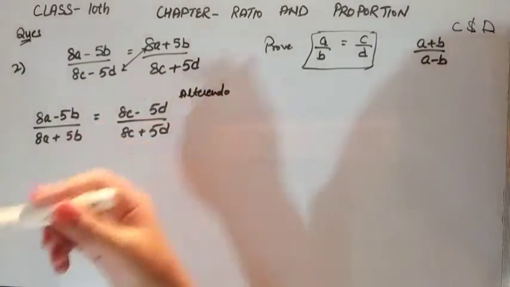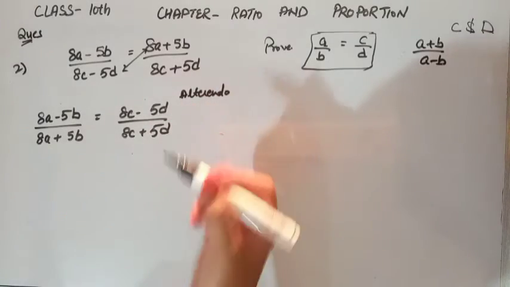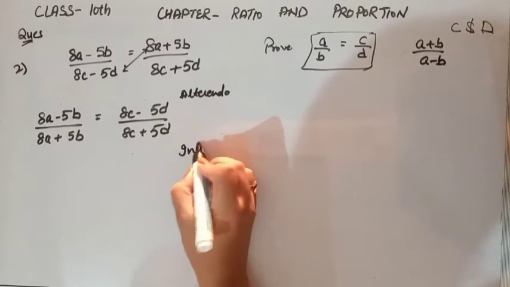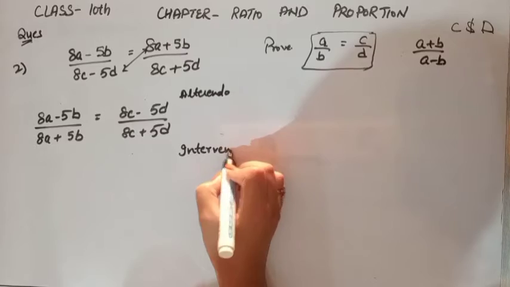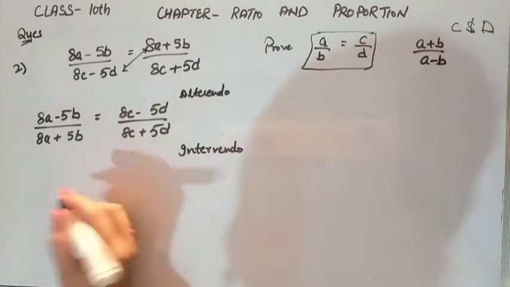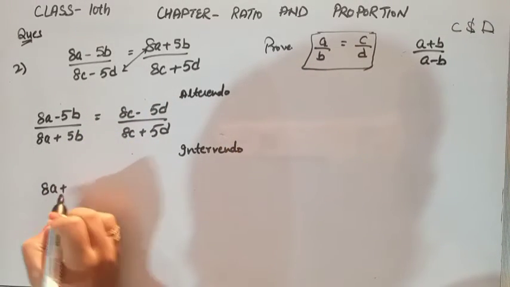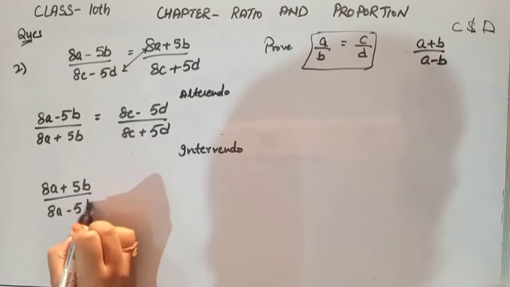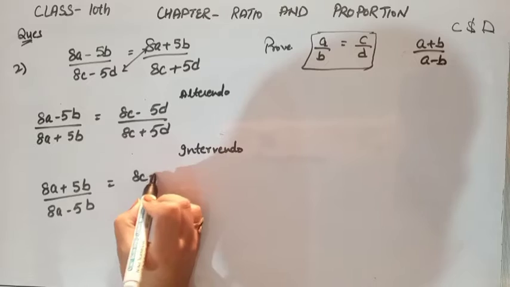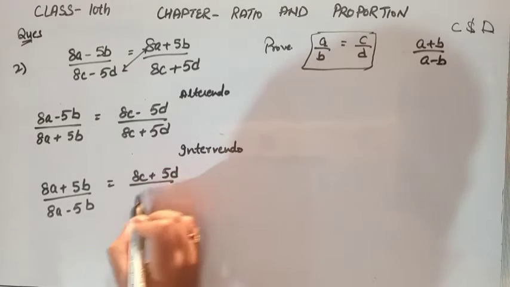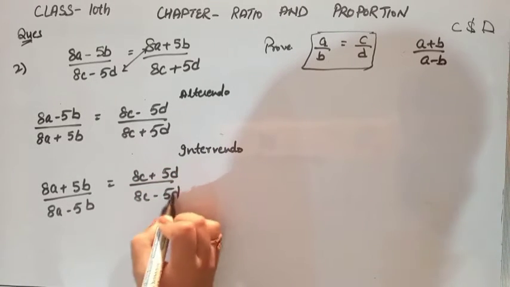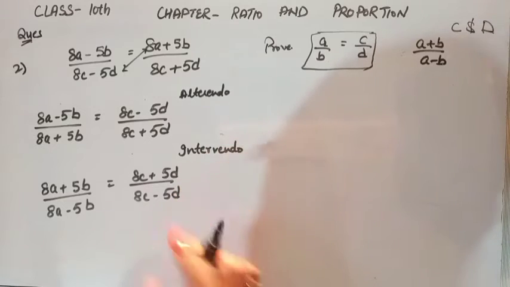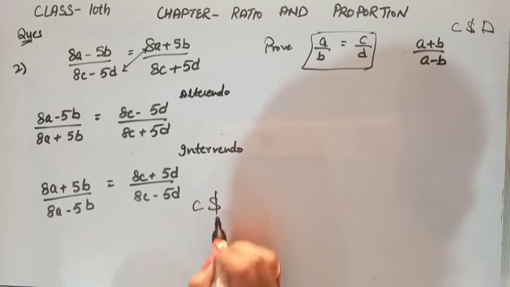We have to take the reciprocal of these, and this is called invertendo. Now taking invertendo, (8A plus 5B) upon (8A minus 5B) is equal to (8C plus 5D) upon (8C minus 5D). Now again apply componendo and dividendo.